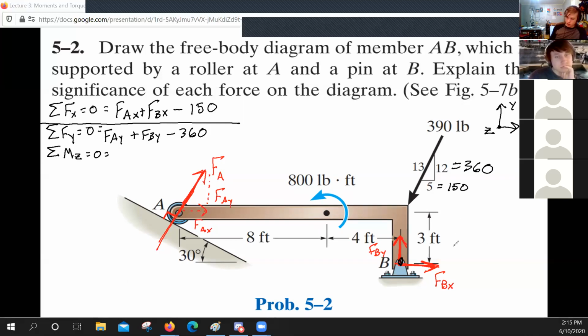Okie doke. So we can define a pivot P, and then I guess we should probably find these first. We have 2 equations, 4 unknowns, so nope, so moments. So let's write out our moment equation. And who wants to do that?